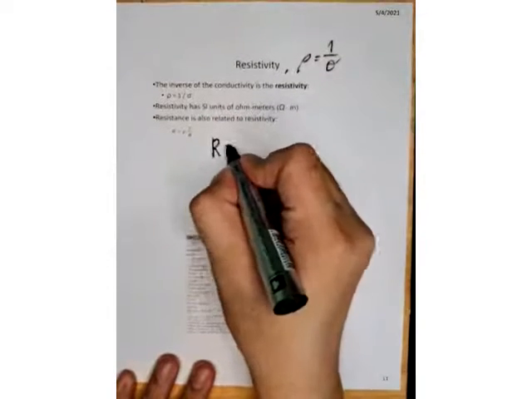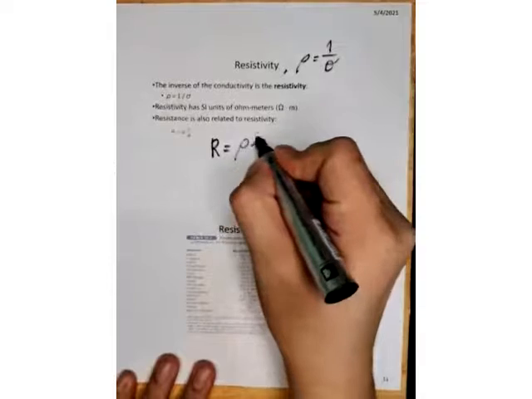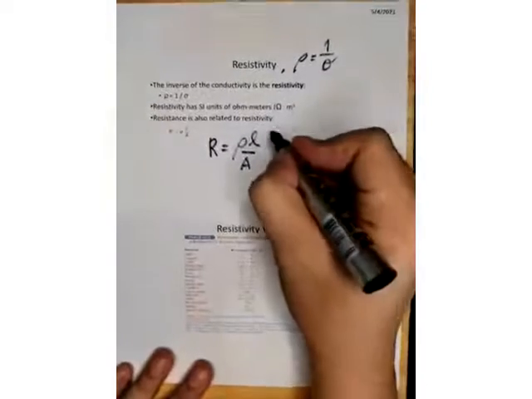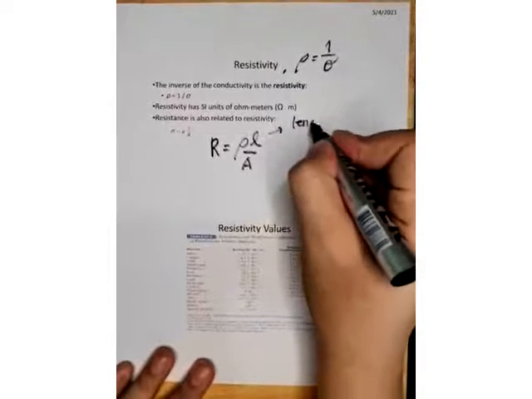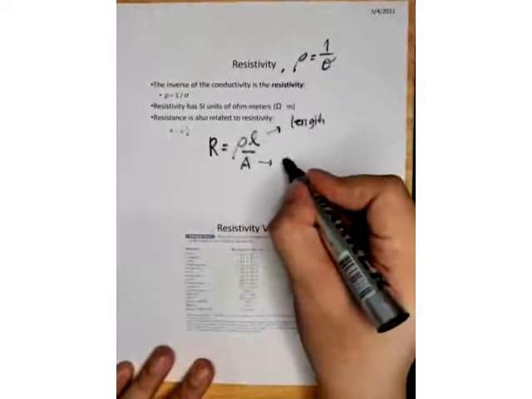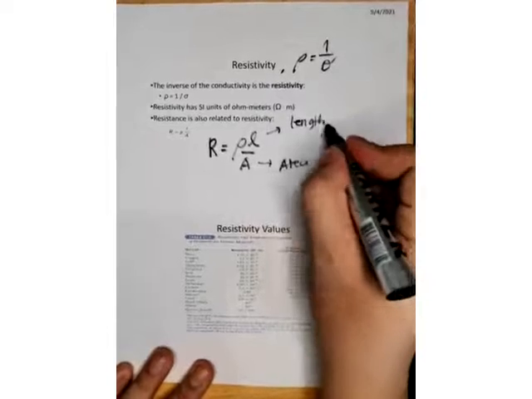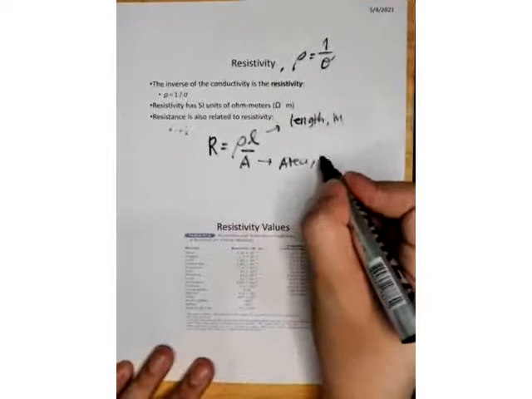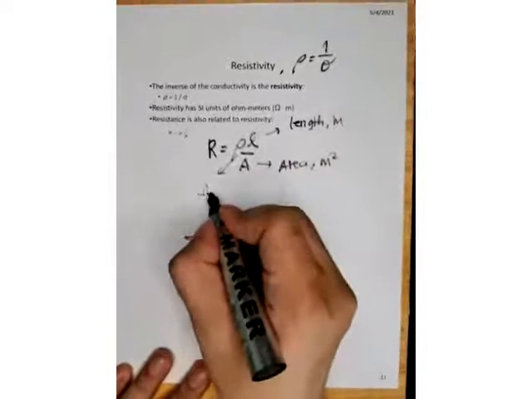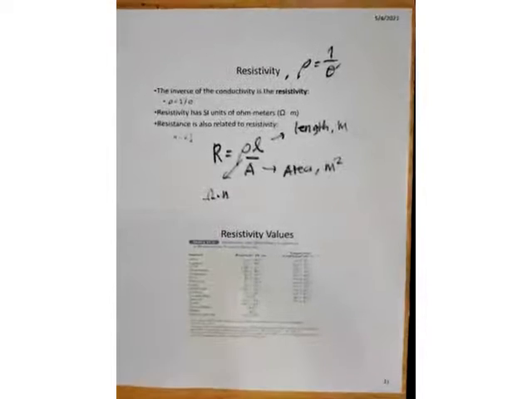Na yung resistance is equal to rho L over A. So, ano yung L? Ito yung length ng conductor. Yung A is yung cross-sectional area. So, this is in meter and this is in meter squared. At yung rho natin is ohm meter. So, that is the resistivity of the object.